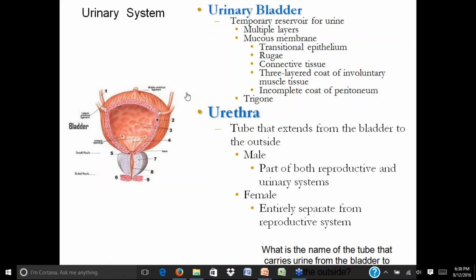So we have 120 mLs. In 2 minutes, we have 240, a quarter of a liter. So in 4 minutes, we have half a liter. And in 8 minutes, we have 1 liter that is going to pass into the nephrons filtration.